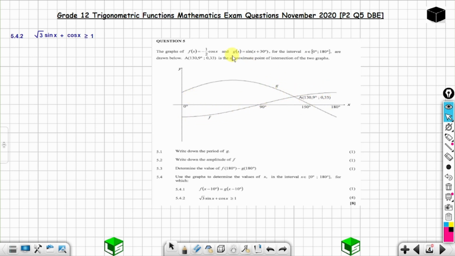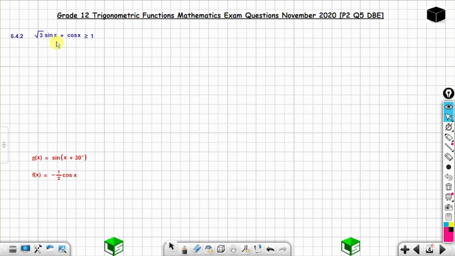We are given g of x and f of x, and you are given the two graphs. These are the equations for the two graphs.